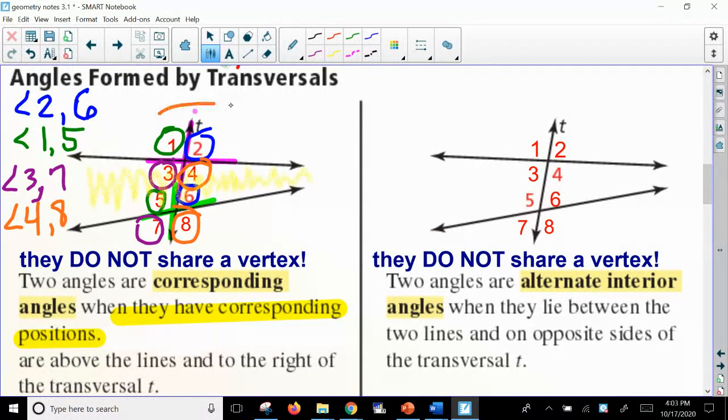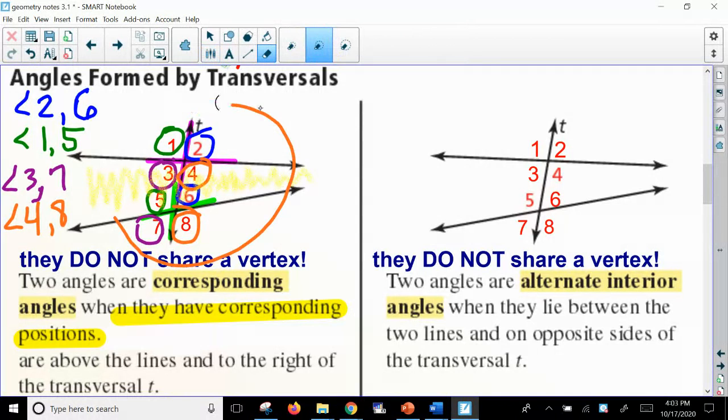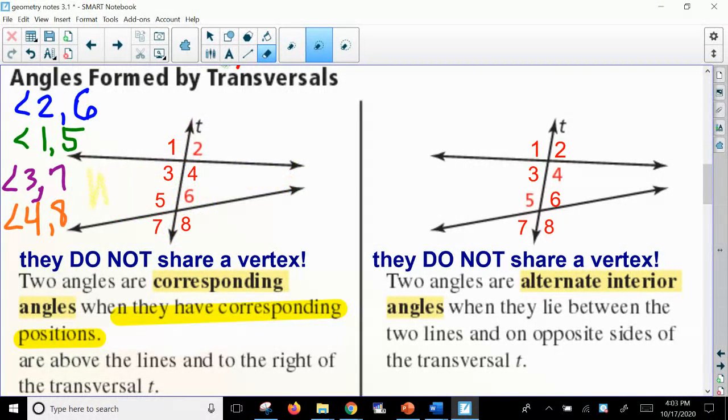So I'm a visual person. Ooh, dang, I'm going to erase this. So when I see corresponding angles, such as let's say angle 4, here's angle 4, and angle 8, here's angle 8, when I trace corresponding angles, I see the letter F. Do you see it?